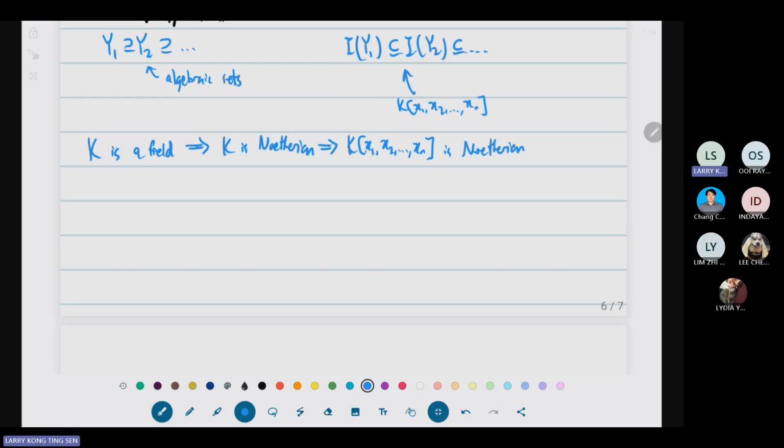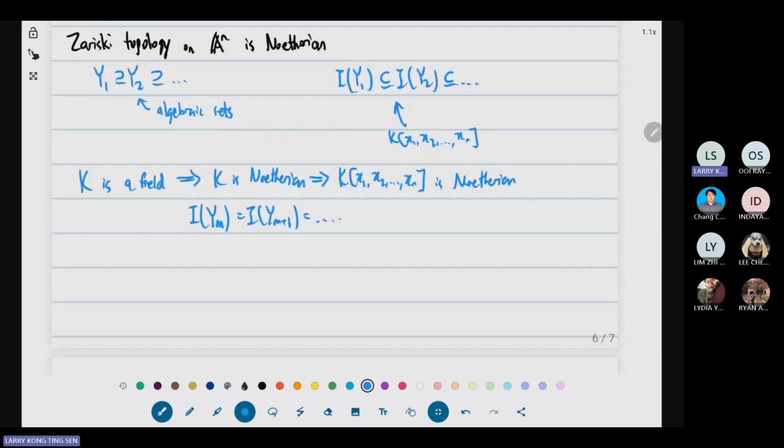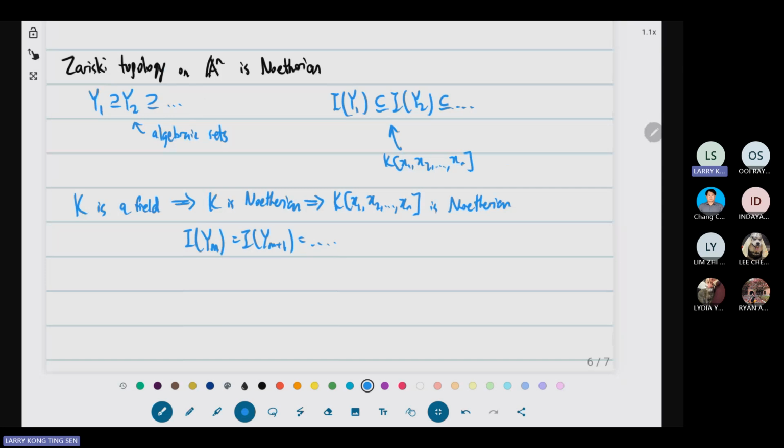So this of course means that there is some point where this sequence becomes constant. Let's say from Y_m onwards, it's constant, just like this. This is given by the fact that this ring itself is Noetherian.